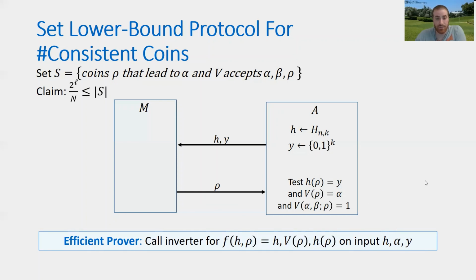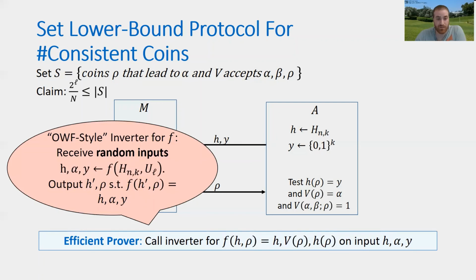But now we run into a little problem, because we want this inversion to be in the style of one-way functions. This means that we need the images that are given to be outputs of a random execution, running the function on uniformly random inputs.